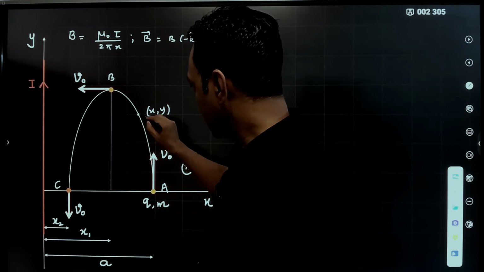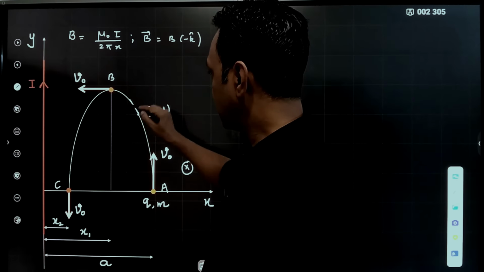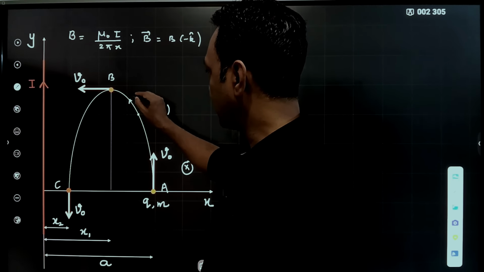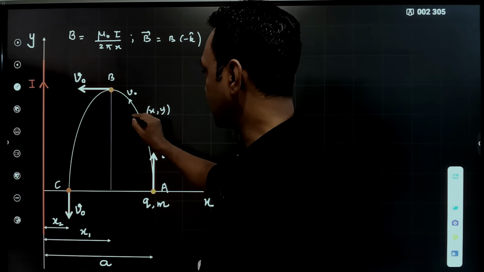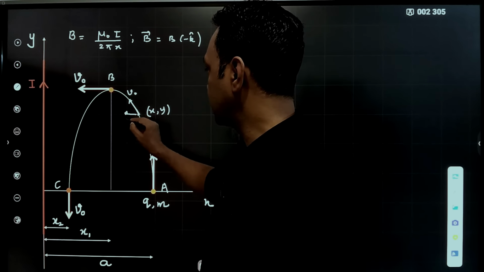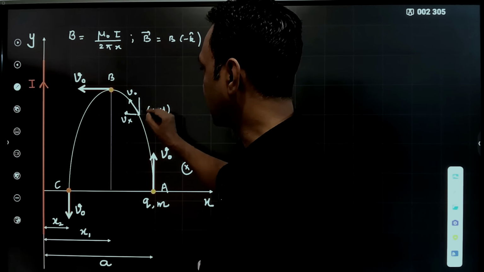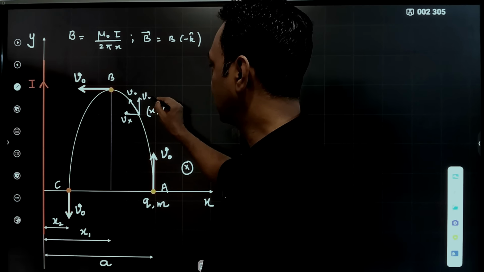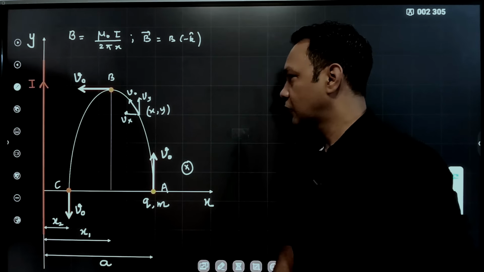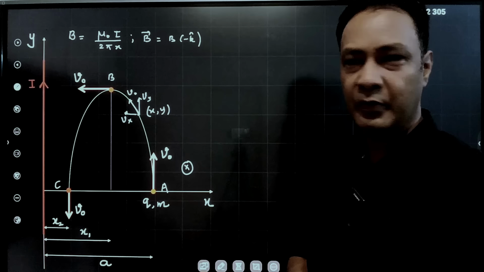So at this moment, suppose the velocity is like this, and the velocity is always the same in magnitude, so the value would be v naught, and this will have components vx and vy. So I want to apply Newton's second law, F is equal to ma.